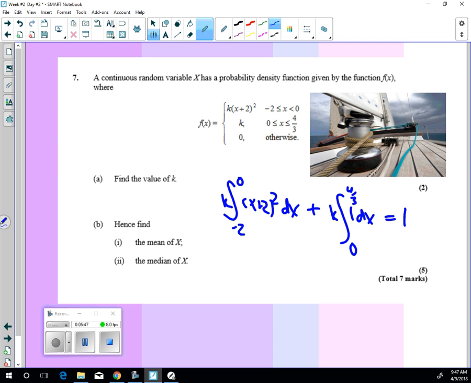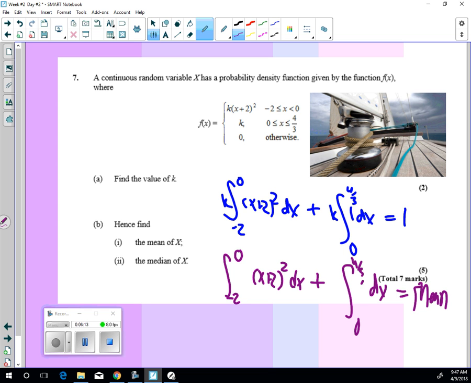And then for the mean, this is the tricky one. Once you know k, you're just going to take each of these to find the expected value or the mean, and you're going to multiply by x.